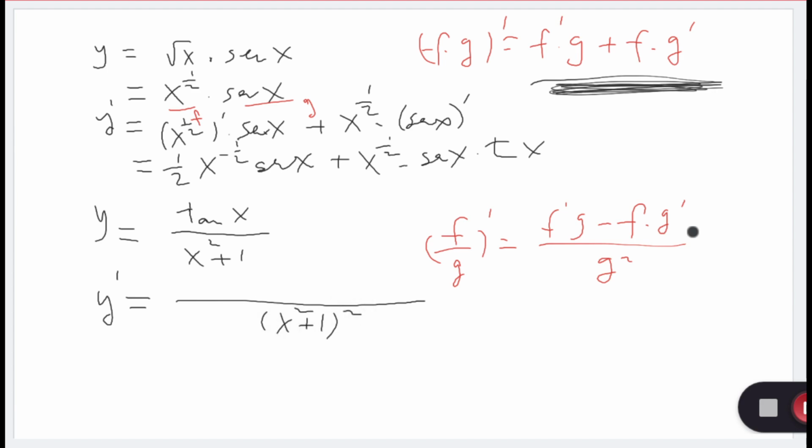Set up. Tangent is f, this is g. So we're going to have f prime first, so tangent prime times the bottom g, minus tangent times the g prime, x squared plus 1 prime.